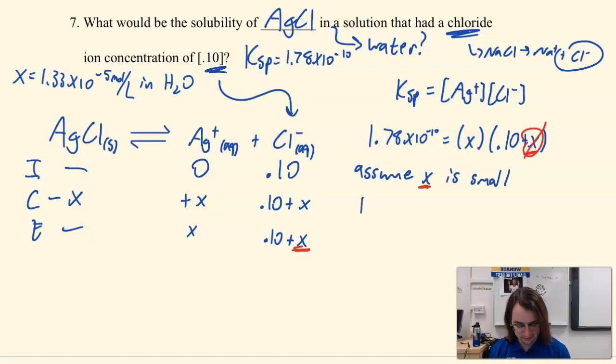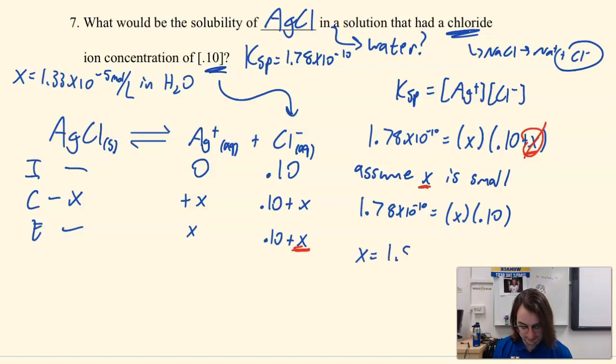So my new expression is 1.78 times 10 to the negative 10th equals x times 0.1. And now this becomes much easier math. When you calculate this, you should find that you get 1.8 times 10 to the negative 9th. And that's in moles per liter, in a solution of Cl minus. So keep that in mind as we're working forward.